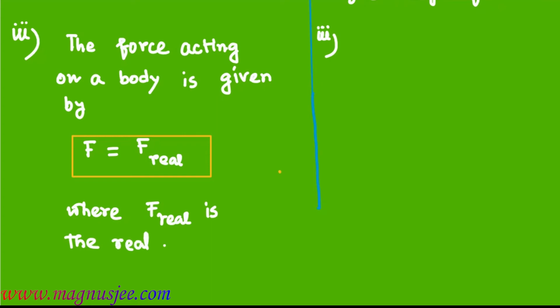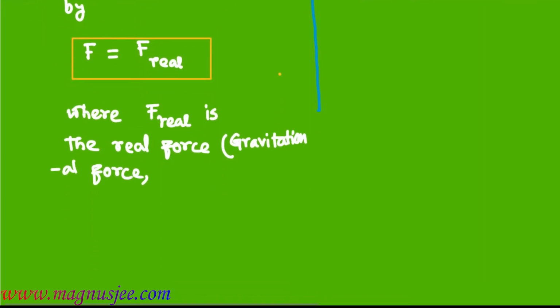Where F real is the real force, as an example, gravitational force of attraction, or electrostatic force of repulsion or attraction, or magnetic force, etc. Gravitational force is always a force of attraction.